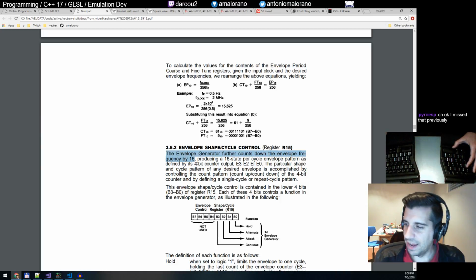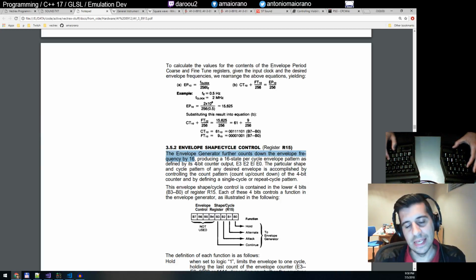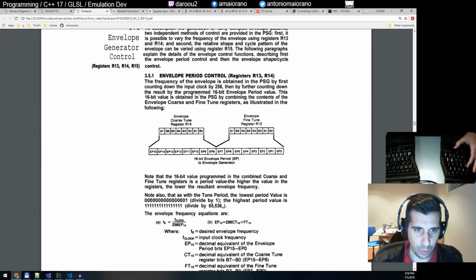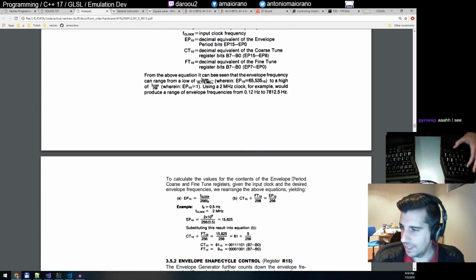There's a divider in the PSG that divides the CPU clock by 16, and then in the envelope generator we further divide by 16, and then by the timer value that's set, the 16-bit value. At least that's how I understand it. So 16 times 16 is 256, and that would explain why they wrote 256 up here. It's a little confusing how the text is written, but that seems to be correct.